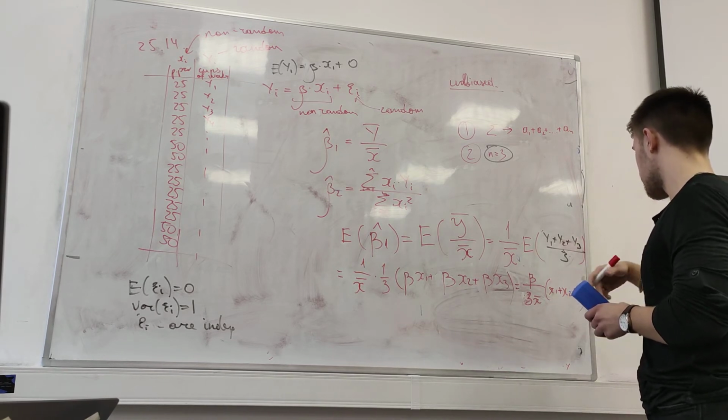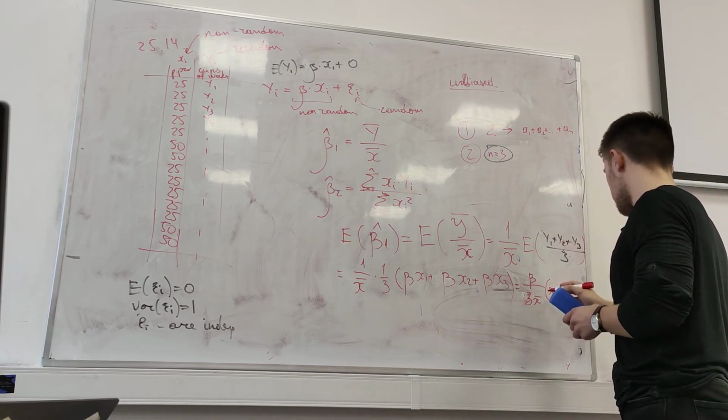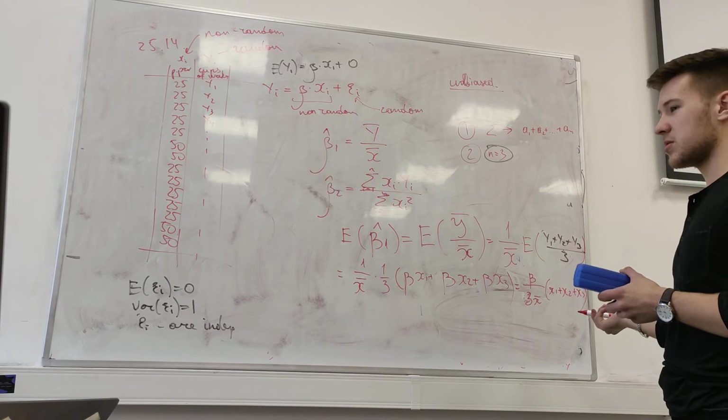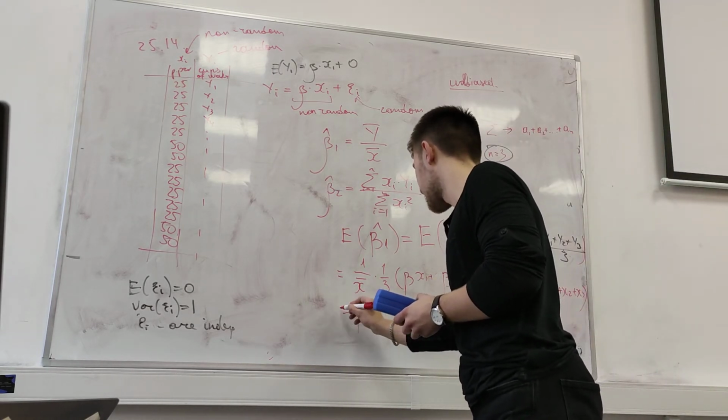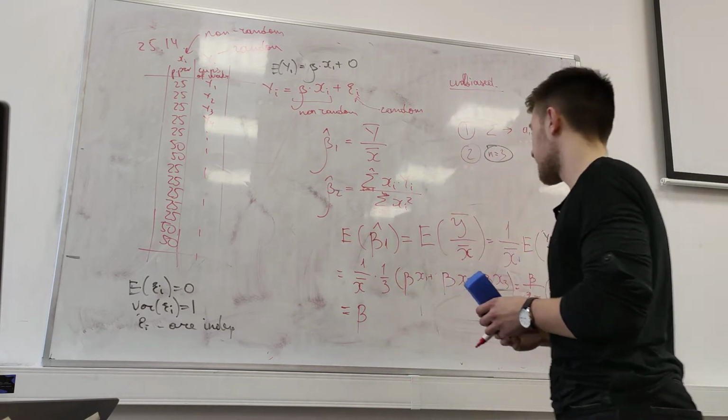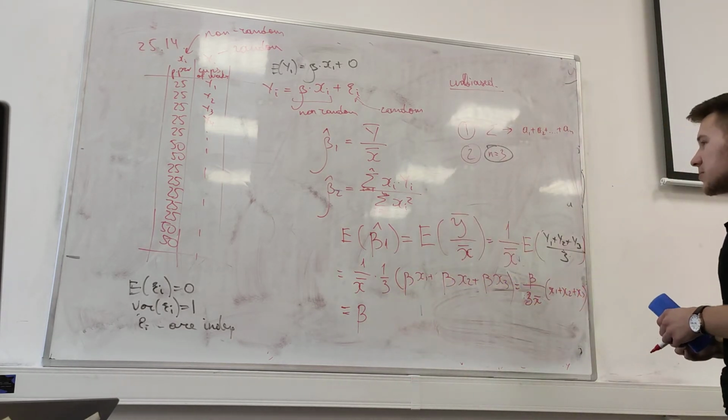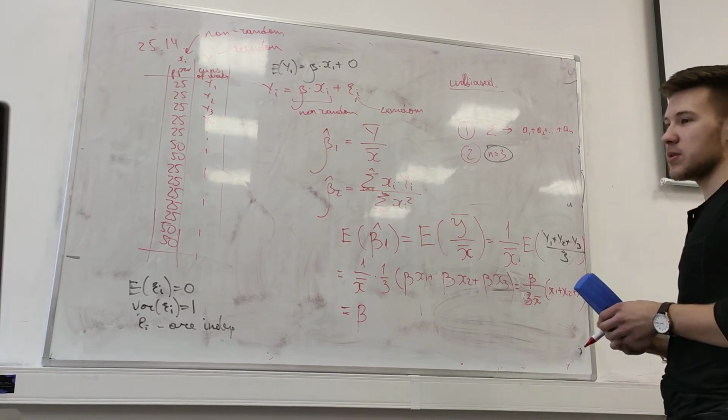This will be just b, so b is beta. So the first estimator, is it biased or unbiased? It's unbiased.